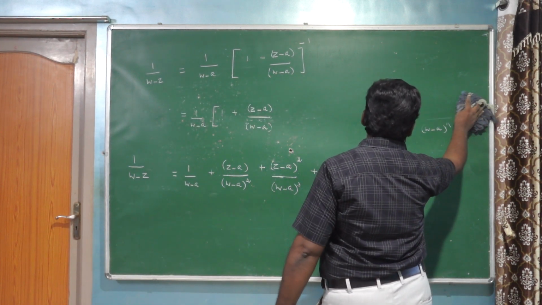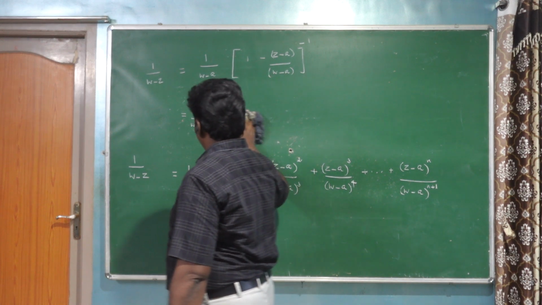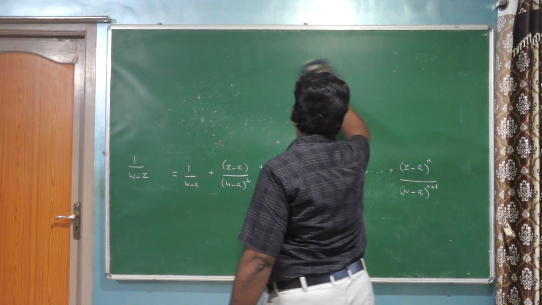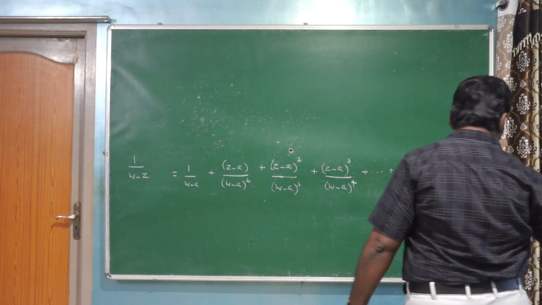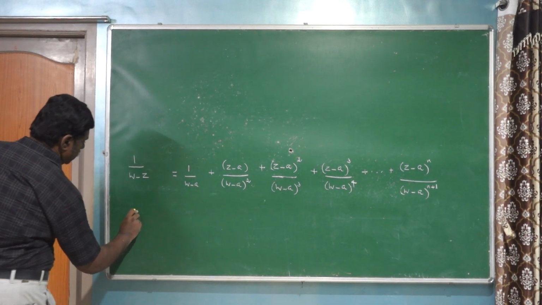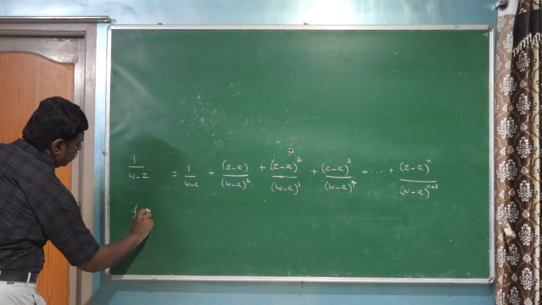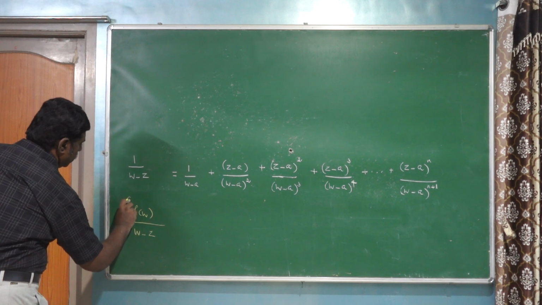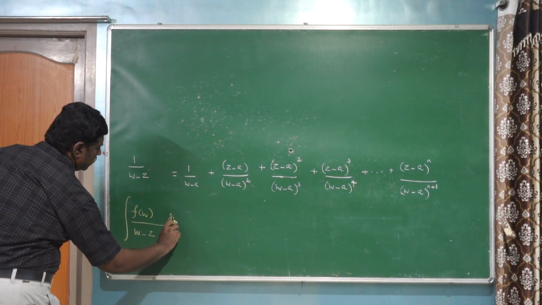Now the first term on the left hand side becomes integral f of W divided by W minus Z into dW.